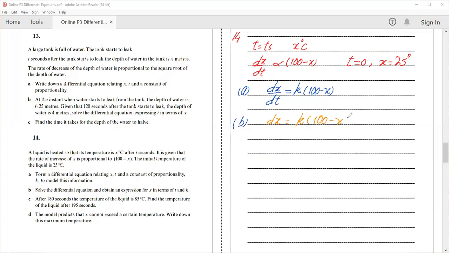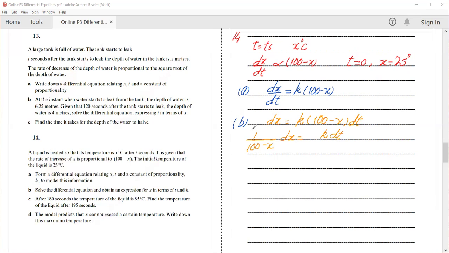Now you have to change the terms of x to one side. So 1 over 100 minus x dx over here and k times dt over here. The constant other than x and t, it's your choice. You can put it either on the left hand side or on the right hand side, and the result will be the same. So after separating the terms, you have to integrate.